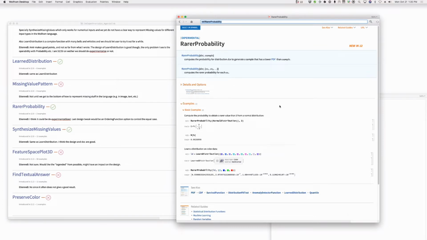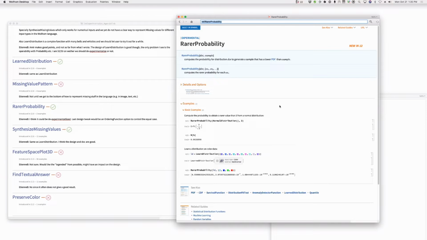When you have a small rarer probability, it means there's nothing that is rarer, which means that it's an extreme event. A very common event will have a rarer probability of 0.5. For the uniform distribution, the probability is whatever it is, 0.5 or 0.1, and there's nothing rarer than it. So it means it is extreme, which actually is not true. But if you do rarer-or-equal, then it all works fine.